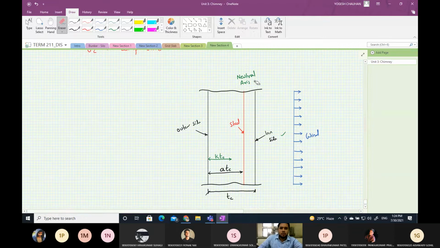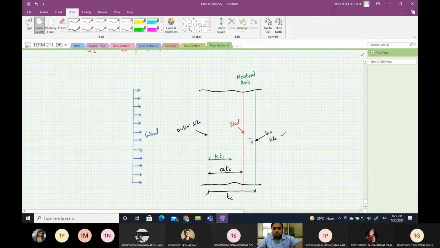And wind is acting on the windward side. Steel will be near the outer side.